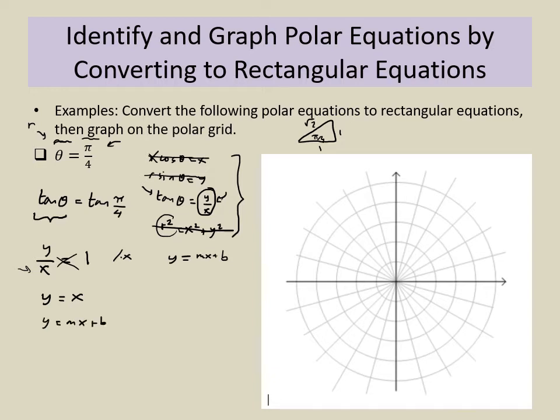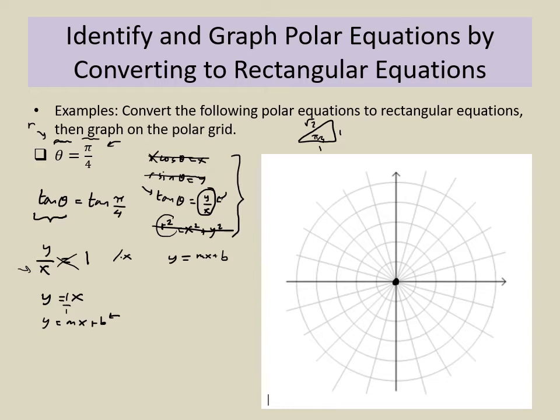What kind of line is y equals x? Well, first of all, what is the y-intercept? 0. That's a line that goes through the origin. Our first point is right here. What is the slope? Slope is 1, or 1 over 1, so you go up 1 over 1 and so on.